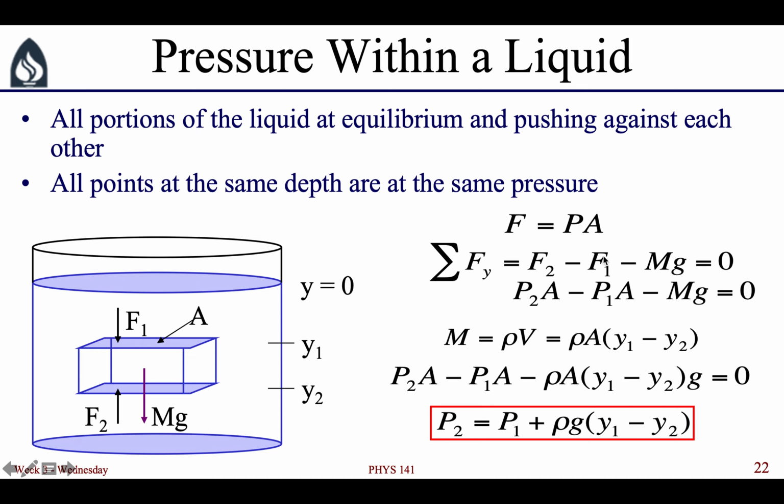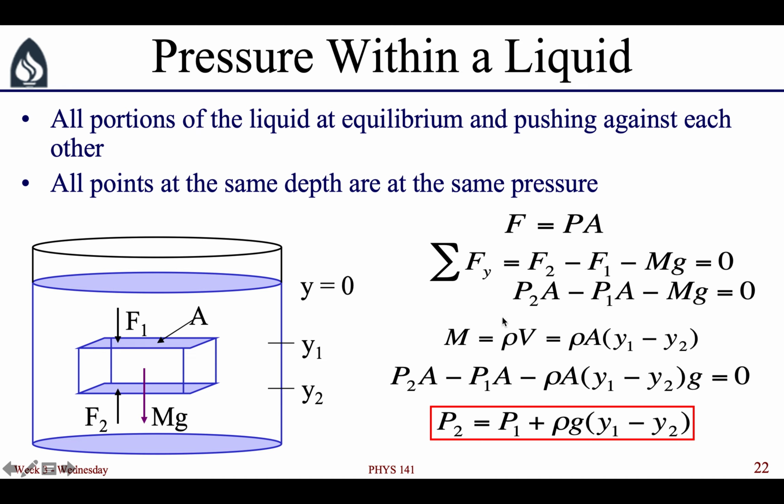We can write these forces as the pressure times the area, because if we rearrange our equation for pressure, pressure is force over area, multiply both sides by area, and you get that force is equal to pressure times area. So we can rewrite these forces as the pressure at level 2 times the area, the upward force of the liquid below, and similarly with the downward force of the liquid above.